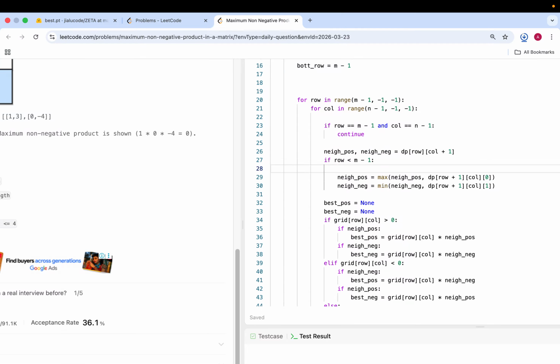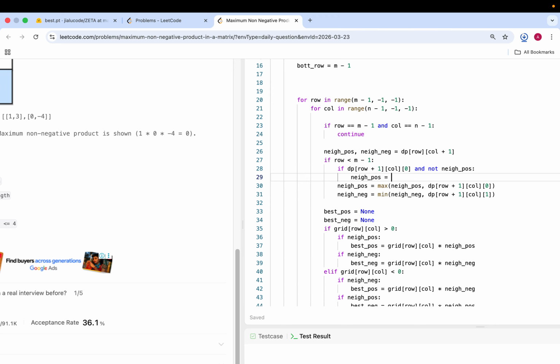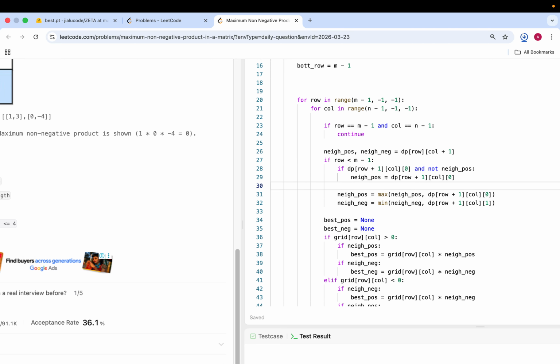Like, if this and not this, then this is equal to this. Elif not this, no, elif this and this, then do this.